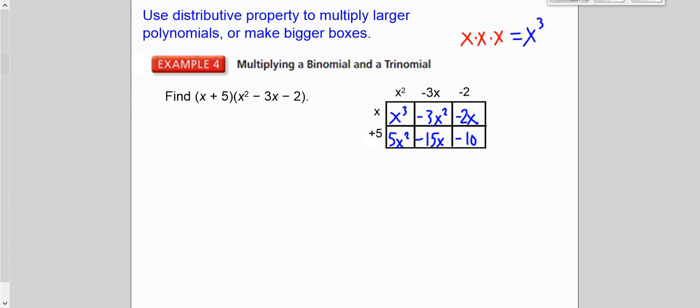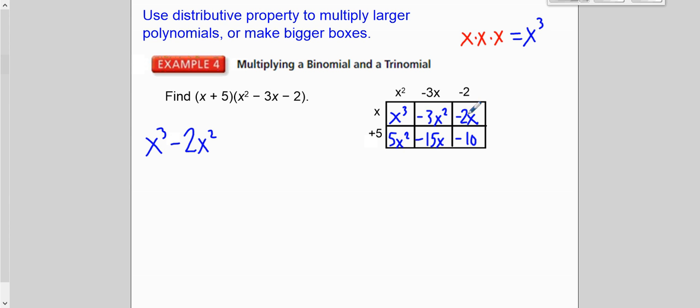Putting them in order from biggest exponents to smallest. So, descending order by exponents, x cubed, then combine these x squareds, because those are like terms. 5x squared minus 3x squared is 2x squared.